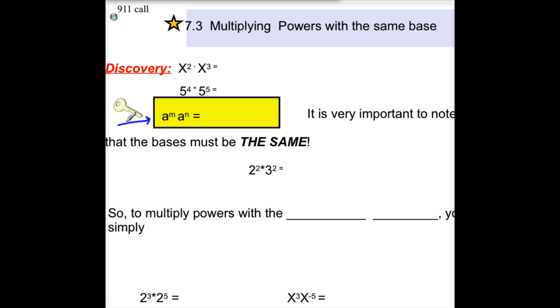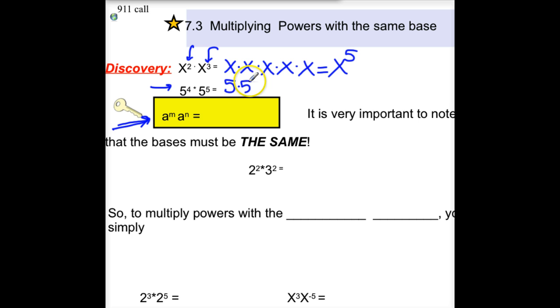So first with the discovery, keep in mind that the exponent tells you how many x's you're multiplying. In this case 2, in this case 3. And so if we have 2 and then we have 3 more, you'll notice that I have 5 x's. Likewise, now I'm getting more exponents, so there's more I'm going to have to write out, which hence it's nice if I can recognize the pattern and come up with my little property here.